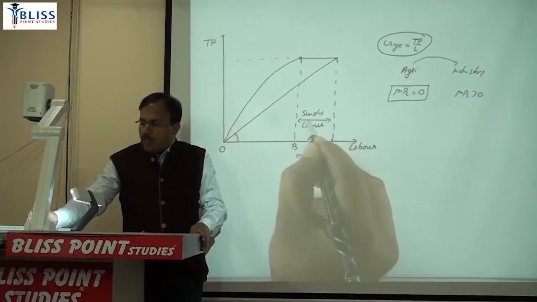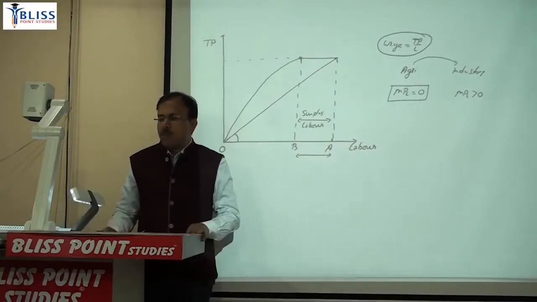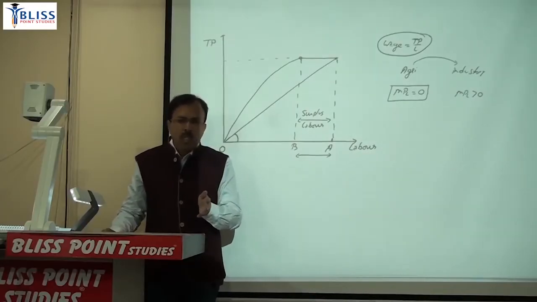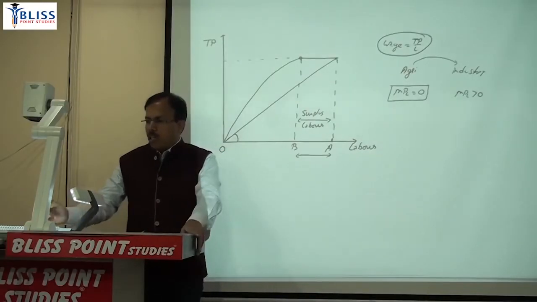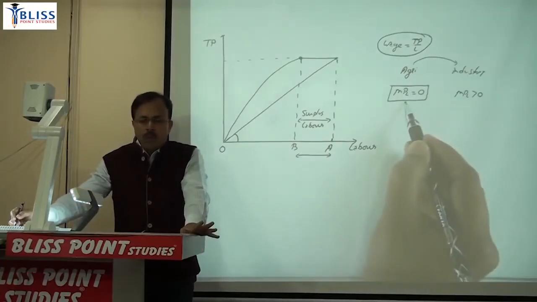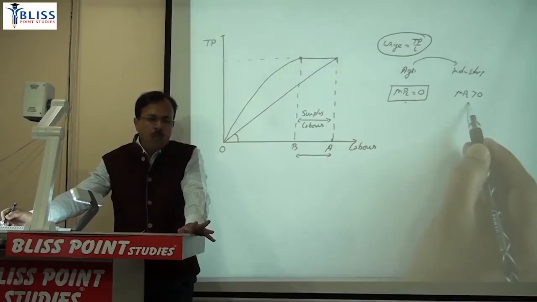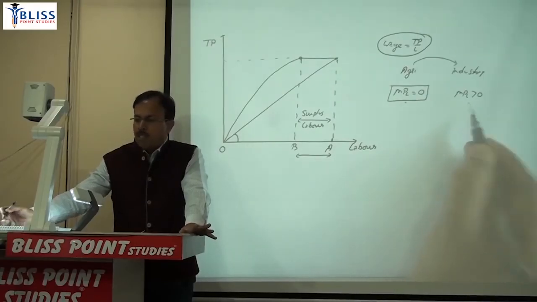So this much labor is basically surplus labor. That surplus labor will move first from the traditional to the modern sector. In traditional, there is no loss of output. In modern, there is increase in output. So overall output of the economy increases. So there was growth. Now what happens subsequently?